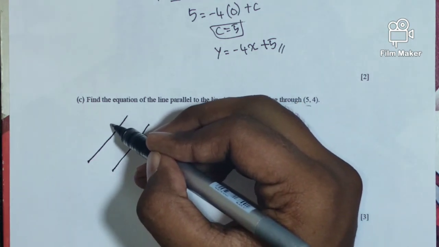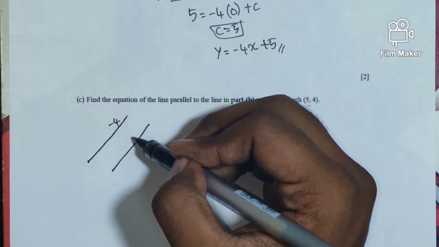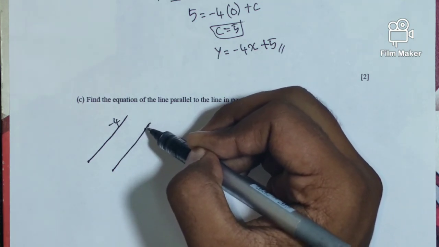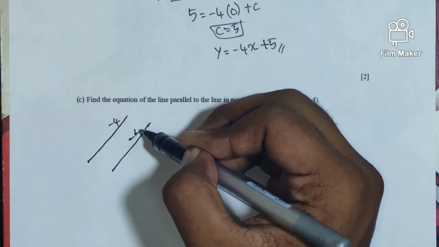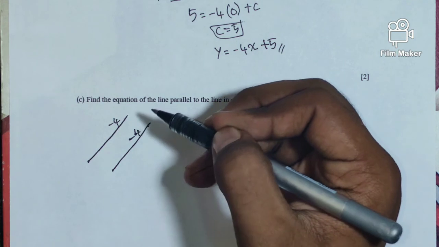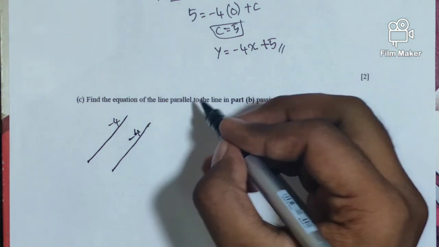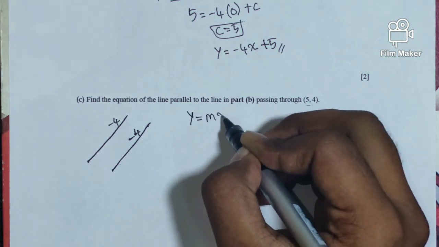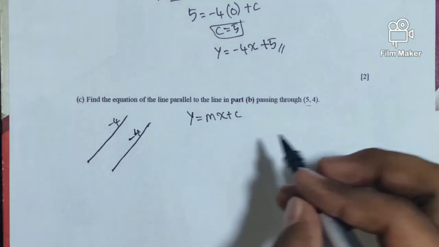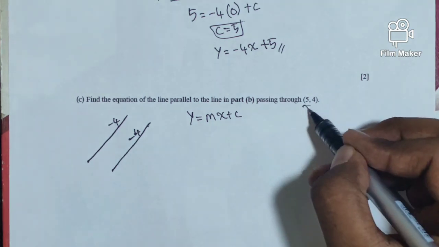Since it is parallel, this line's gradient is also -4, since the slope is at the same angle. Now we know the gradient, so the form of the equation would be y equals mx plus c, where the gradient is -4 and x is 5 and y is 4.